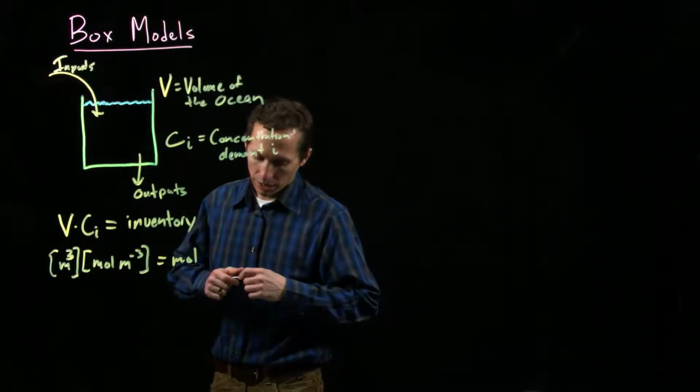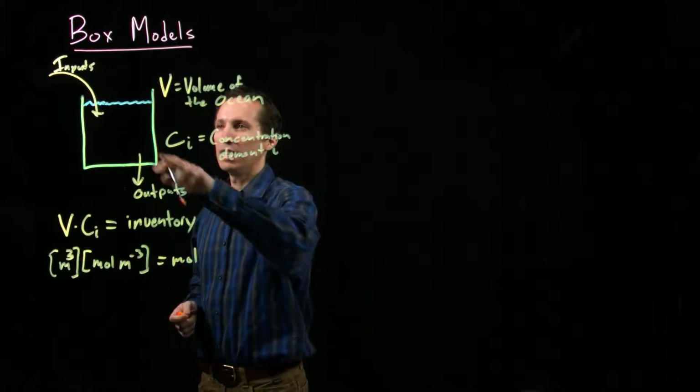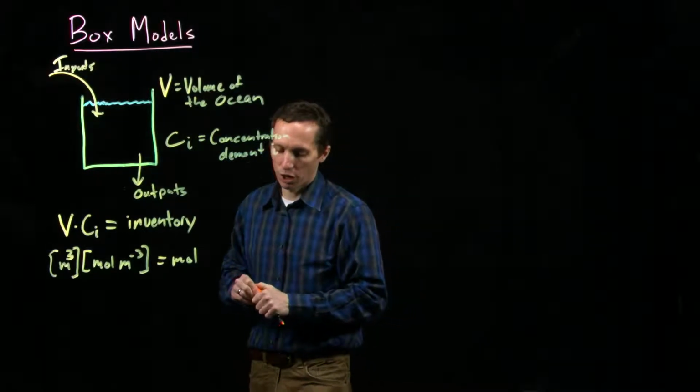So that's the number of moles of constituent I that are found in the ocean. And so we can also think about what defines these inputs and outputs. We can make some basic assumptions regarding them.